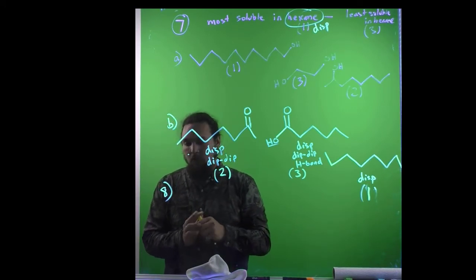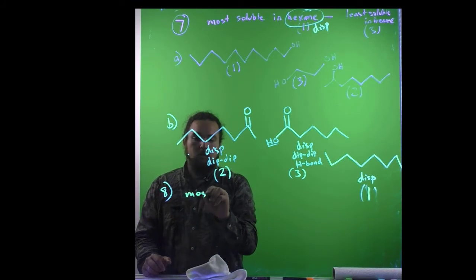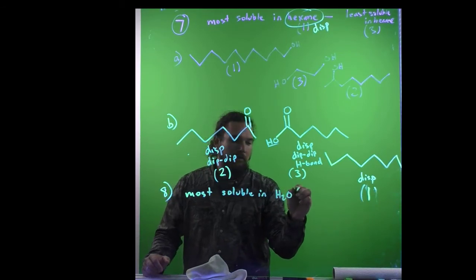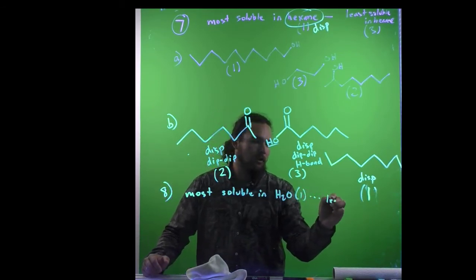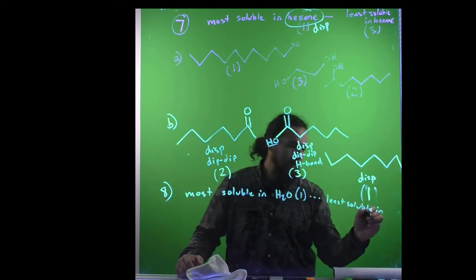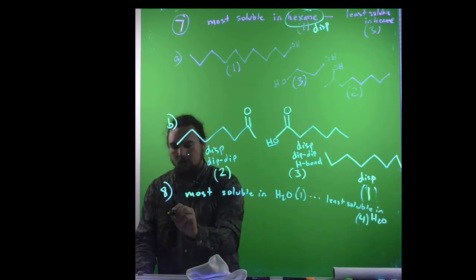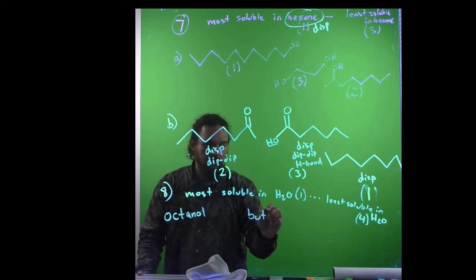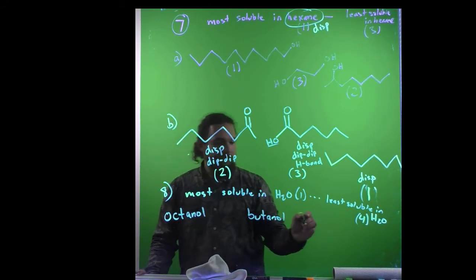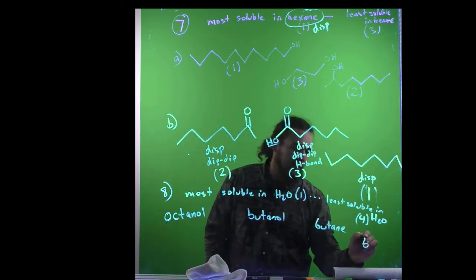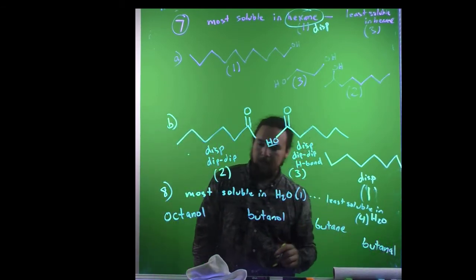Number 8 is a problem which is similar, but instead of saying arrange the following in order of most soluble, this one is most soluble in water being number 1 up to least soluble in water being number 4. And the 4 things we have are octanol, butanol, butane, and butanal.